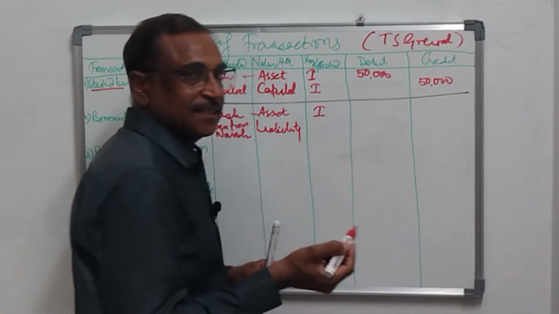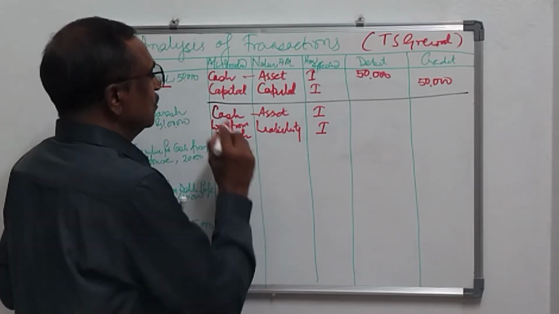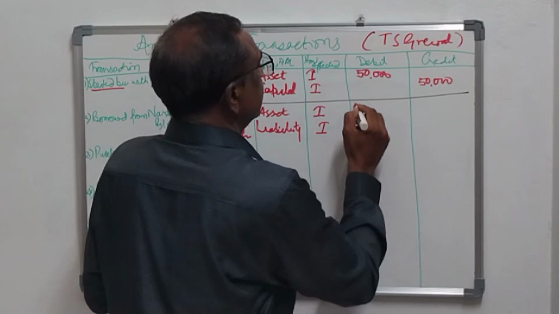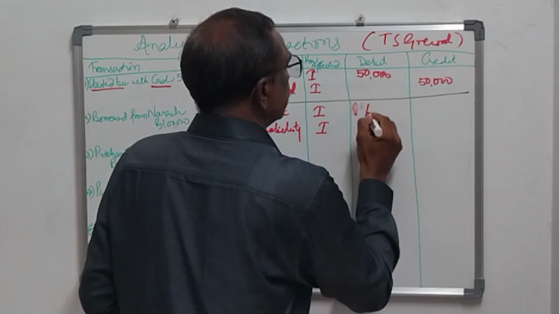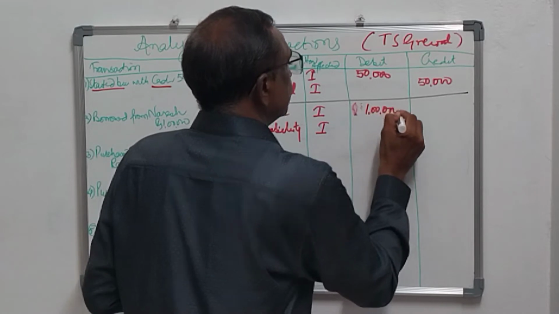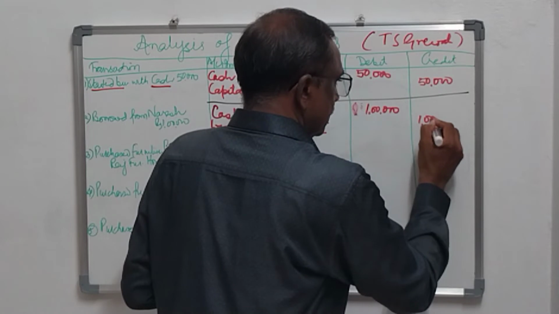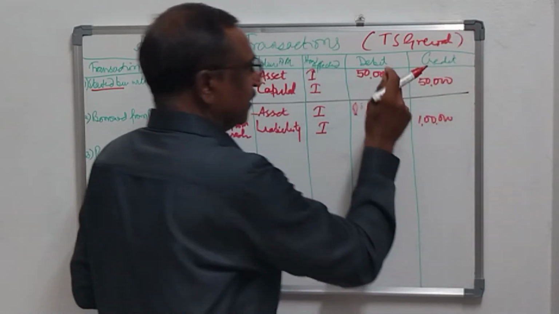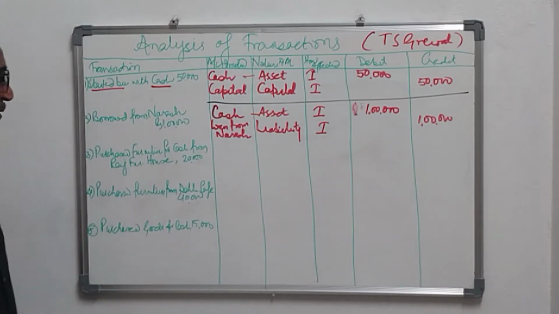Now you have more cash in business and you have also incurred a liability. So increase in asset is debited. And increase in liability is credited. So we will write the amount in the credit column and cash in the debit column. Okay.